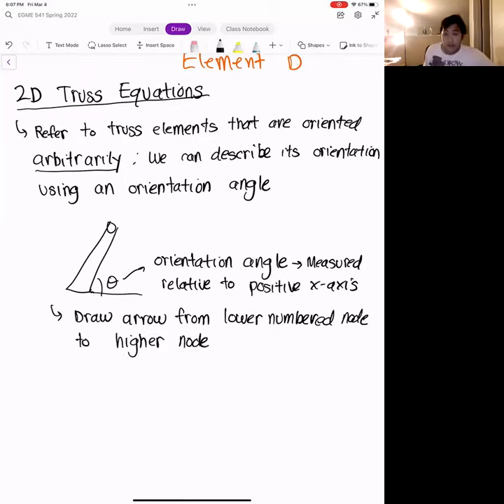Then to describe the orientation angle, we think about, if we have a vector that's pointed this way, how much would we have to rotate counterclockwise from the positive x-axis to get to that orientation?